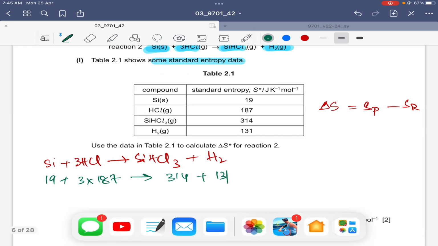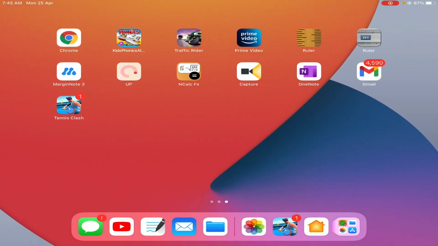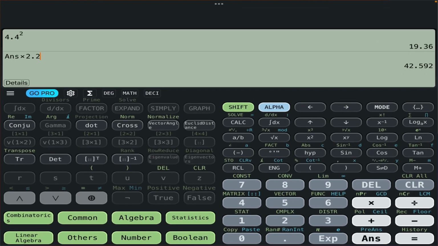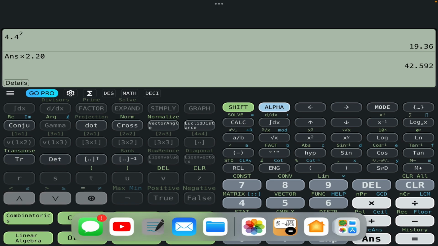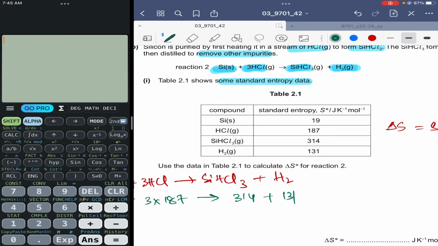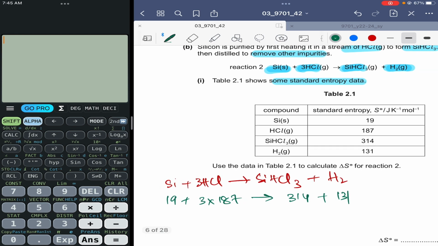Right, so 3 into 187, that is 561, plus 19, that is equal to 580.